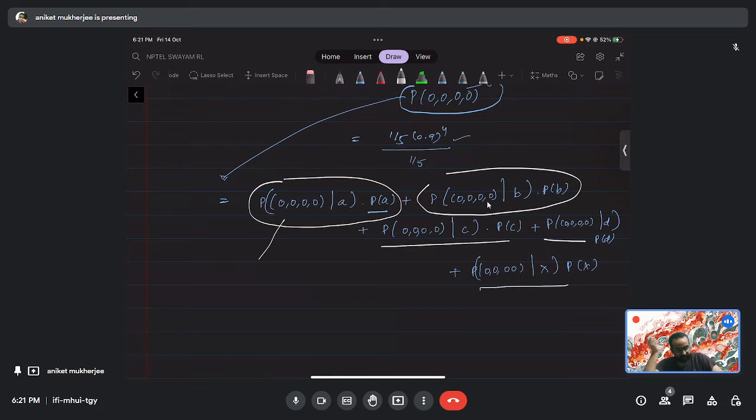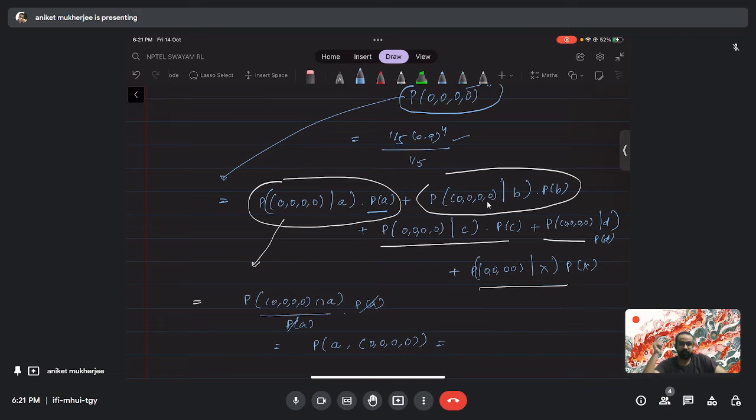Okay, so help me calculate the first term. So what could this be? So this basically boils down to the intersection of 0, 0, 0, 0, and so what is the probability that I land at A and my observation is 0, 0, 0, 0? 0.1 power 2 and 0.9 power 2.